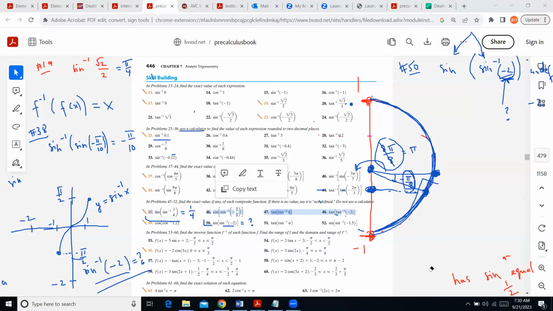So if I try 45, that is dealing with a sine applied to arcsine of a quarter, well, then this will return me to the quarter, because if I start with function arcsine of 1/4, so 1/4 is, if I look at the graph, someplace on the left.